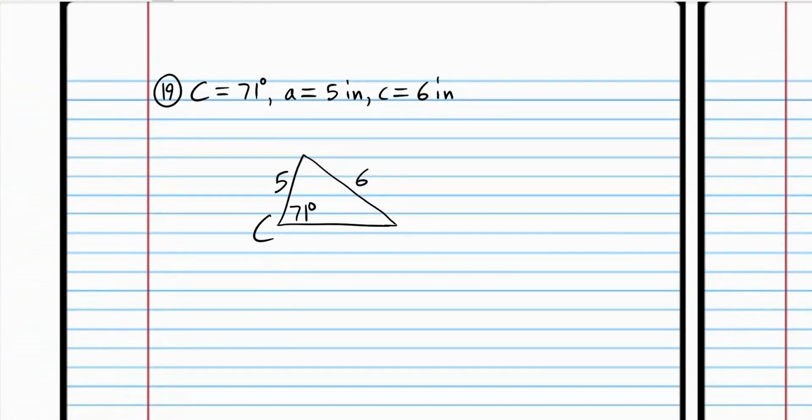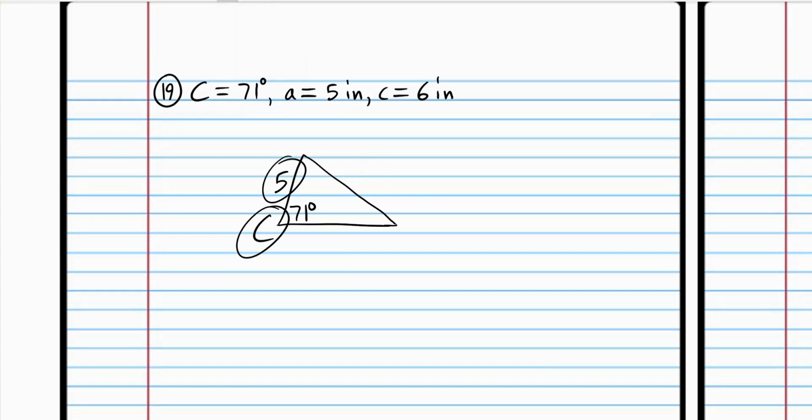So we know C, and we know the side opposite C, and we know one of the other sides. It could be this side or this side, but we do know it's an SSA situation. It's not an SAS situation. If it were SAS, we could use the law of cosines.